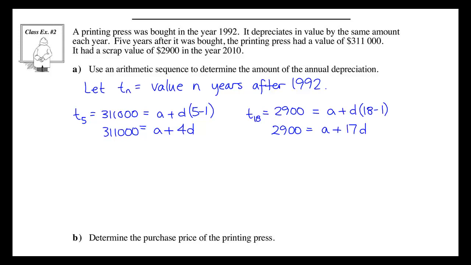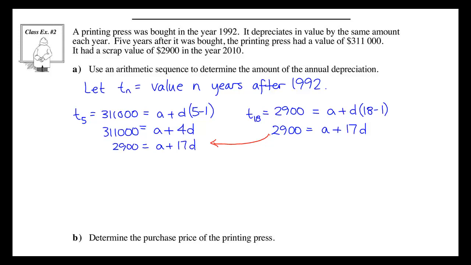So now I've got 2 equations and 2 unknowns. So I can use substitution or elimination in order to solve these 2 equations, just like we learned from grade 10. So if I put these 2 equations together, I'm just going to bring this one down here. I'm going to have 2,900 equals A plus 17D.